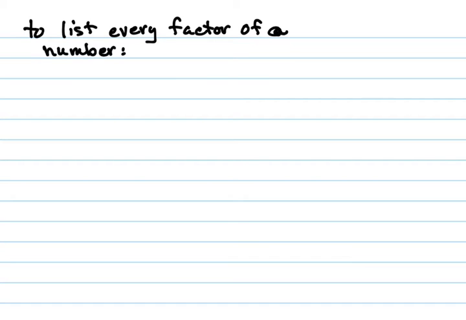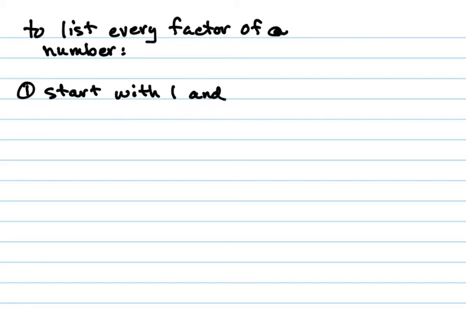To list every factor of a number, it doesn't matter what the number is. We'll look at several examples. But to list every factor of a number, the first step is to start with 1.